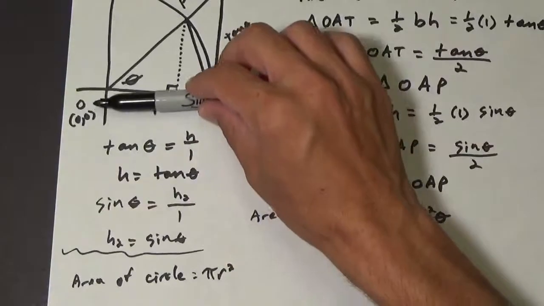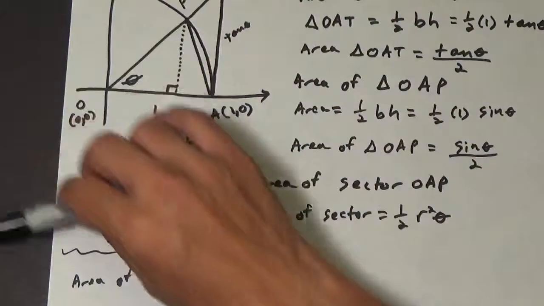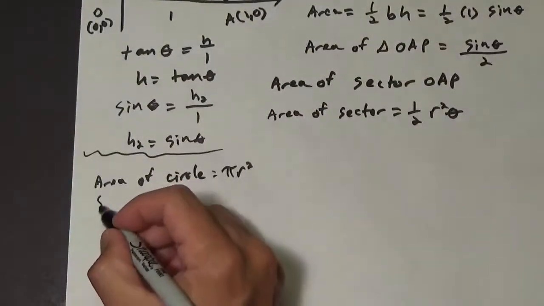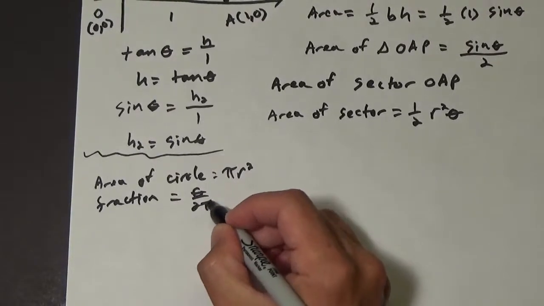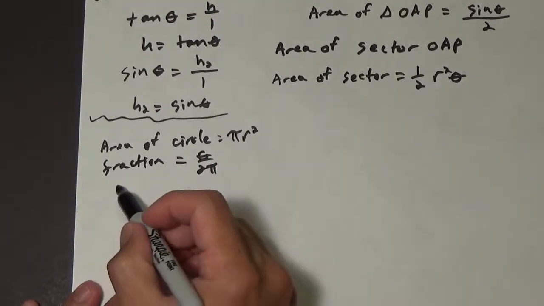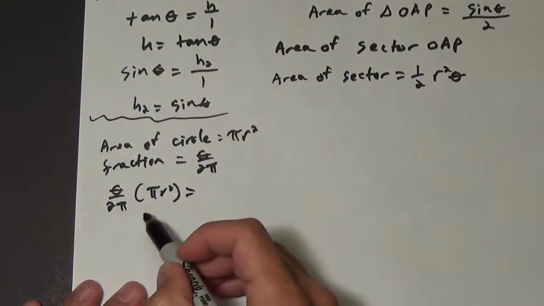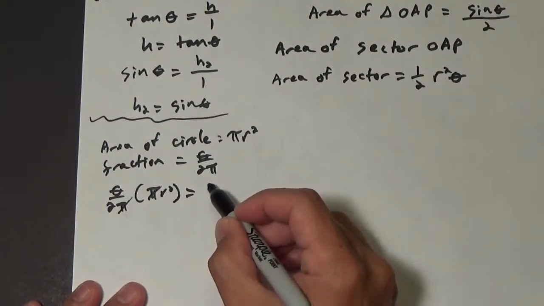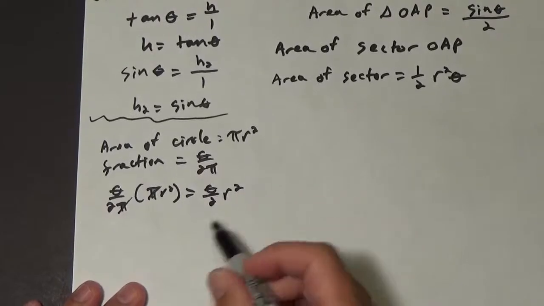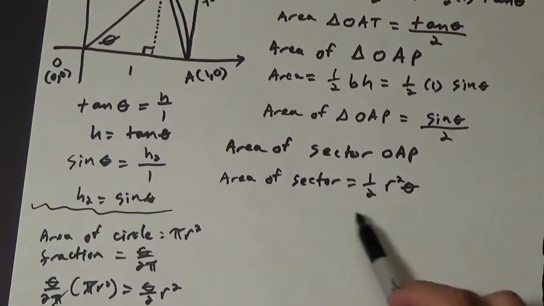And the fraction we used was, well, we have this angle theta, that's in radians, and we know that there's 2 pi radians in a full circle. So our fraction was theta over 2 pi. So if I take theta over 2 pi and I multiply that by pi r squared, the pi's cancel out, and then we basically get theta over 2 r squared. And if you rewrite it, it just becomes 1/2 r squared theta. So that's kind of the general logic of where the area of a sector comes from.